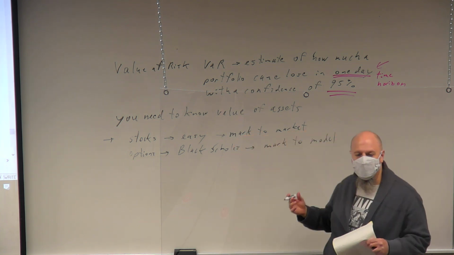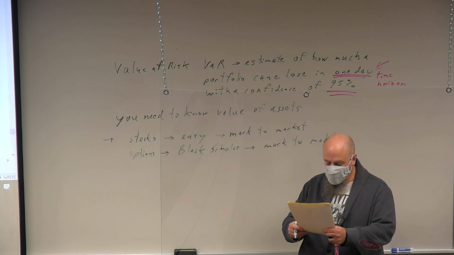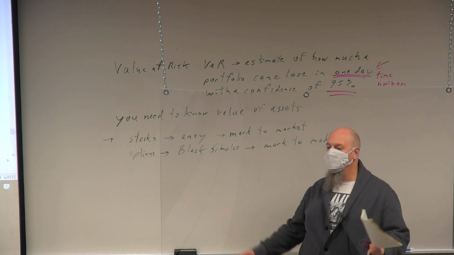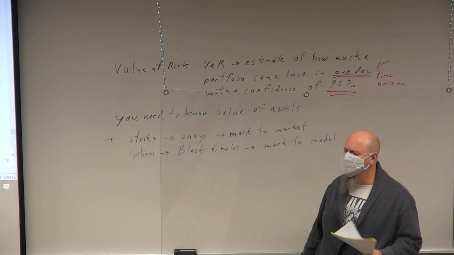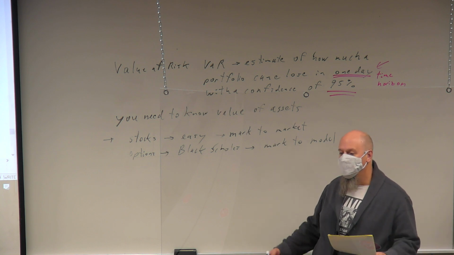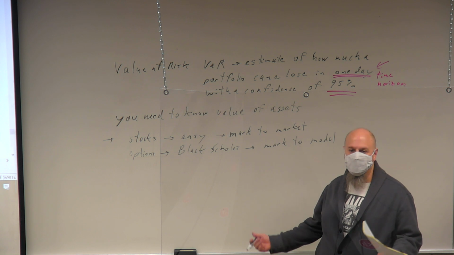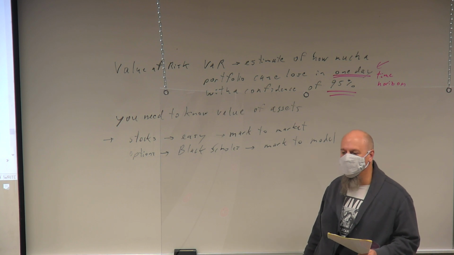So mark to market, mark to model, these are accounting terms. Basically you say, this thing is worth $3,000, and they want to know, where'd you come up with that? Mark to market, mark to model. Basically saying, this is what this liquid item is traded for, or saying, I used an equation, a model, and this is what the model says it's worth.